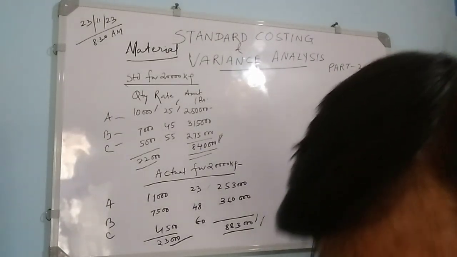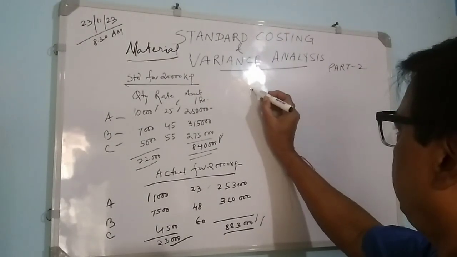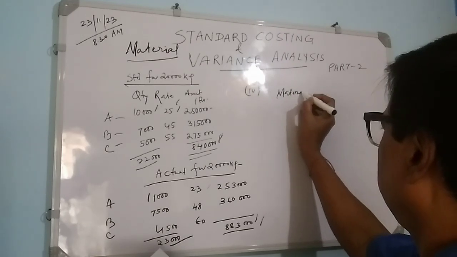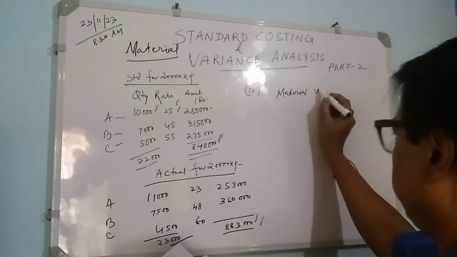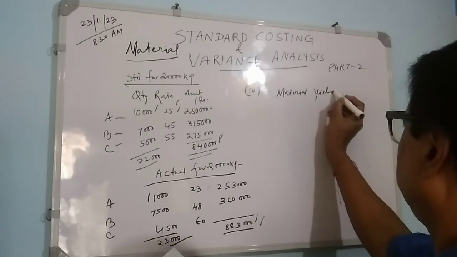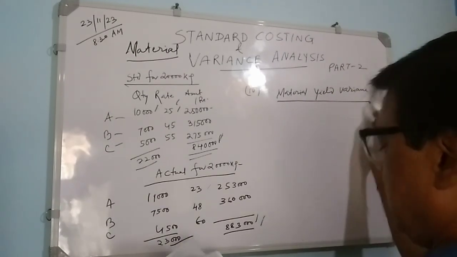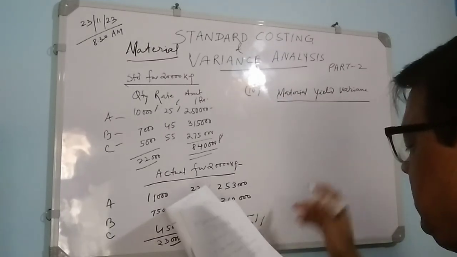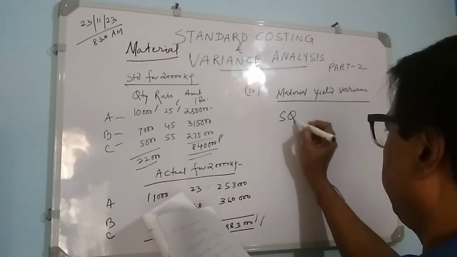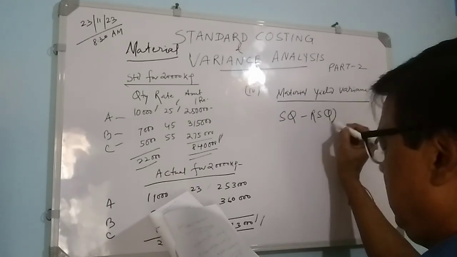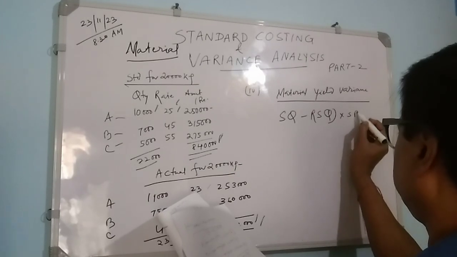Now you come to the material yield variance. Material yield variance. So what is the formula for material yield variance? Standard quantity minus revised standard quantity into standard price.